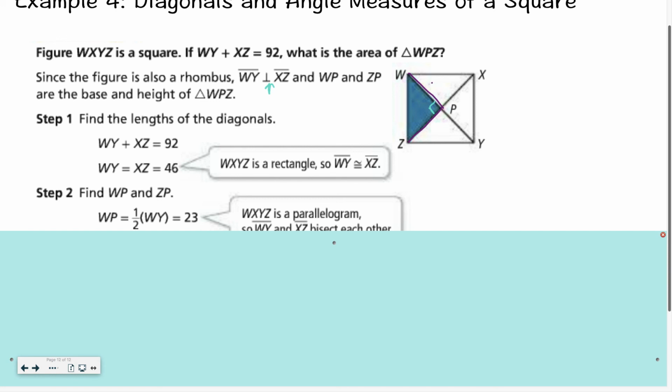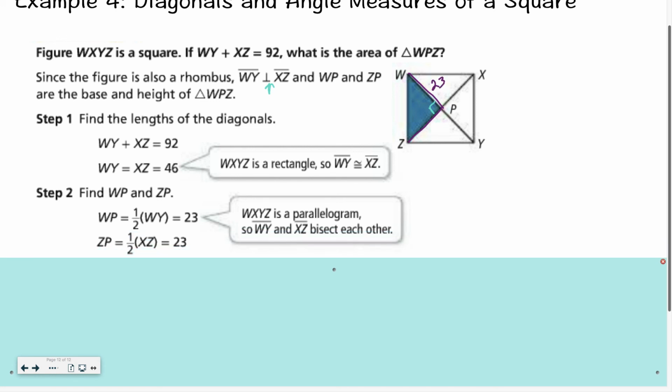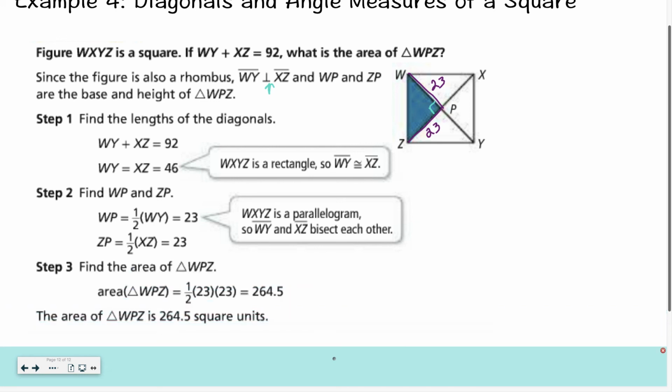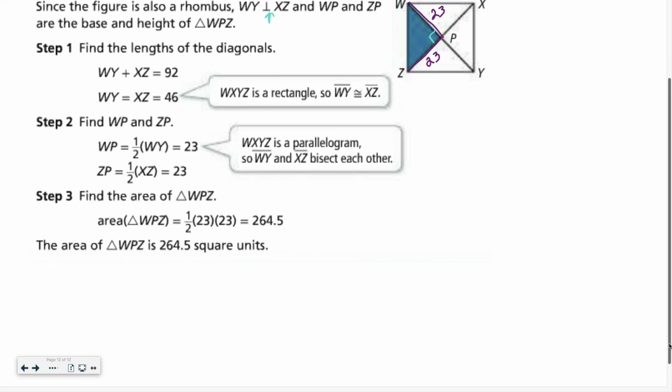So I know that this measure is 23. And same thing goes for the other one. Those are also bisected, so this is also 23. So to find the area of a triangle is 1/2 base times height. So 1/2 times 23 times 23 is going to give us 264.5 units squared, and that is our answer.